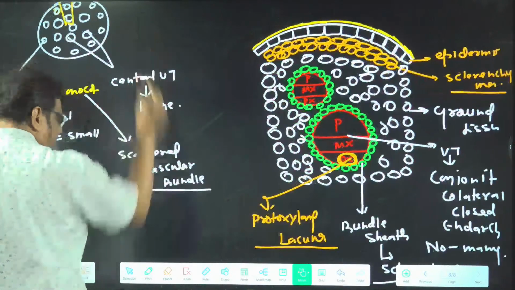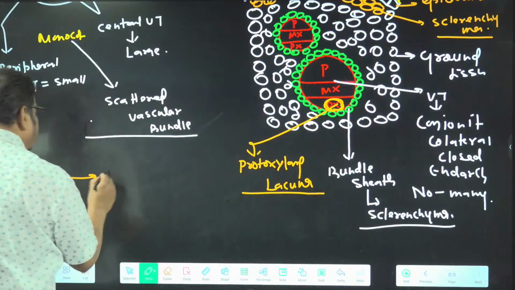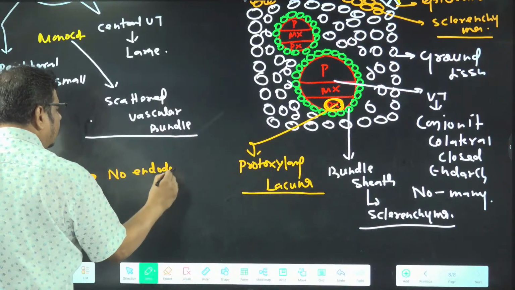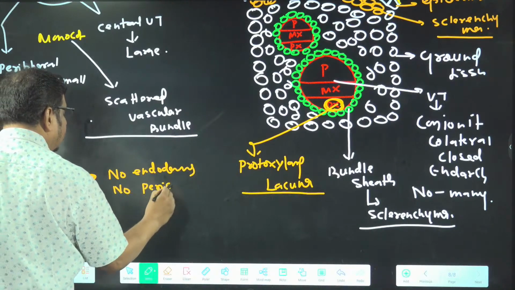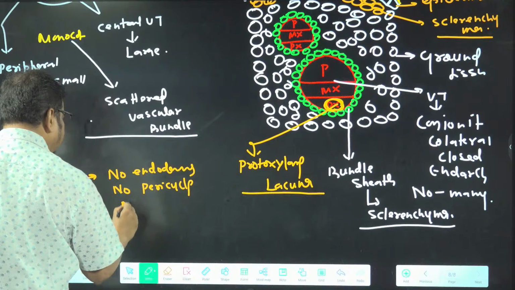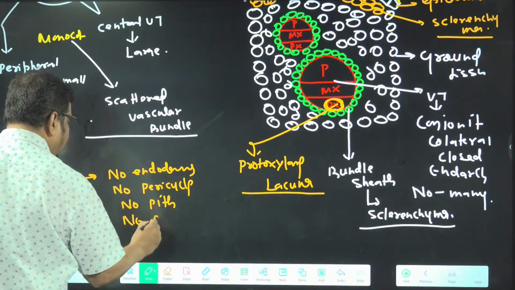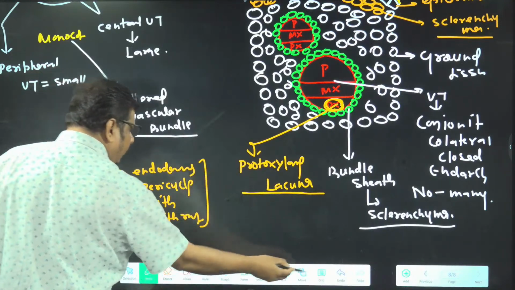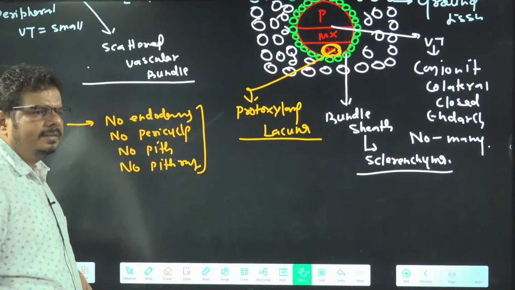Who is absent here? Tell me, what is absent in the diagram? No endodermis, no pericycle, no pith, no pith rays. These are absent, and these are all present in dicot. So can you make the difference or not?